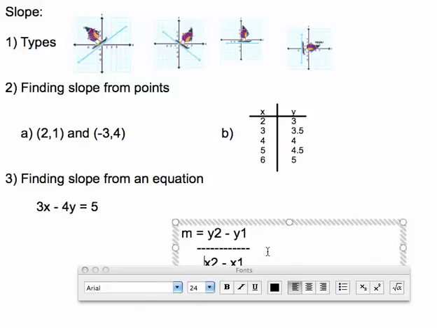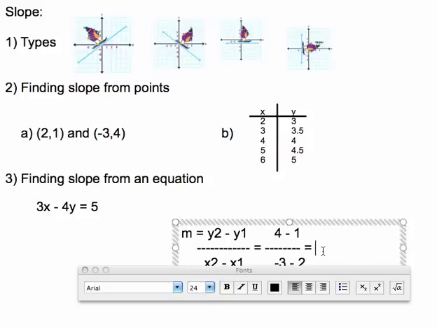And then you substitute in your values. So my y2 in my point is 4, my y1 is 1, and my x2, or my second x, is negative 3, and my first x is 2.